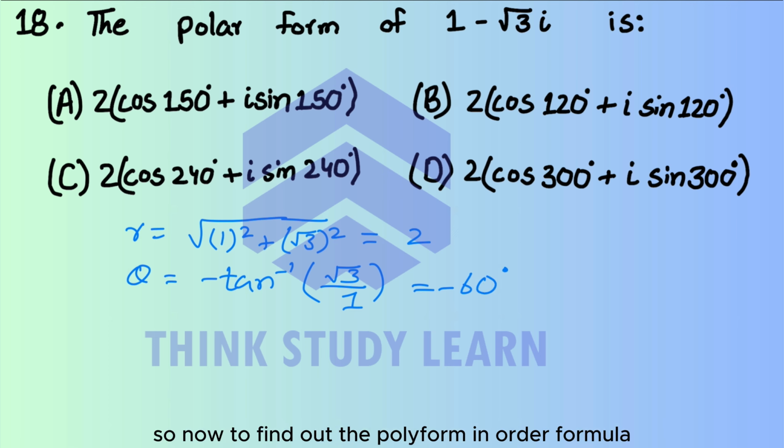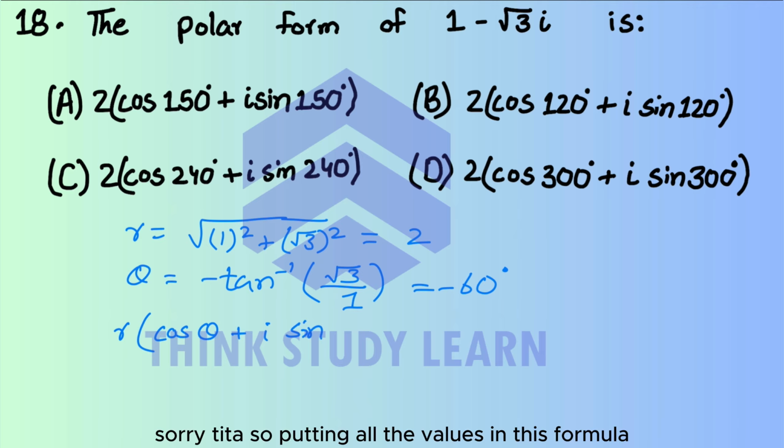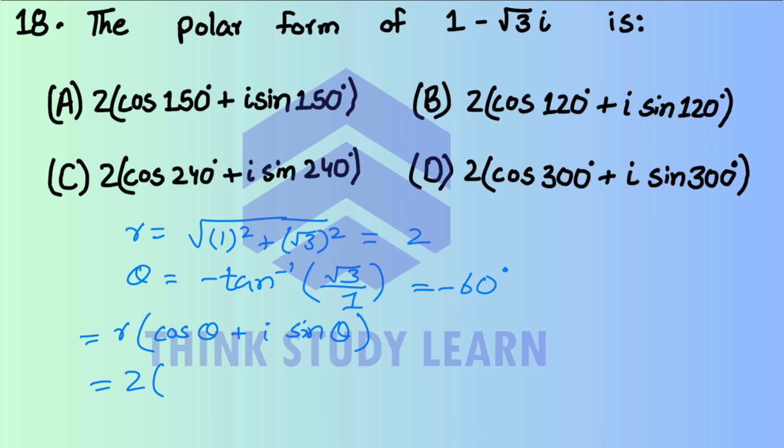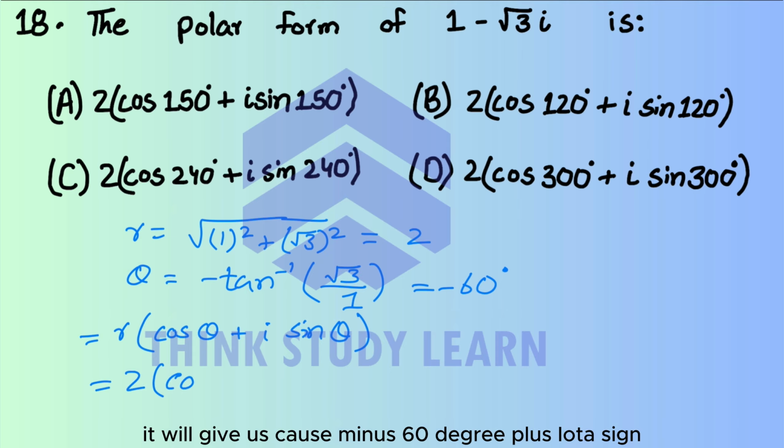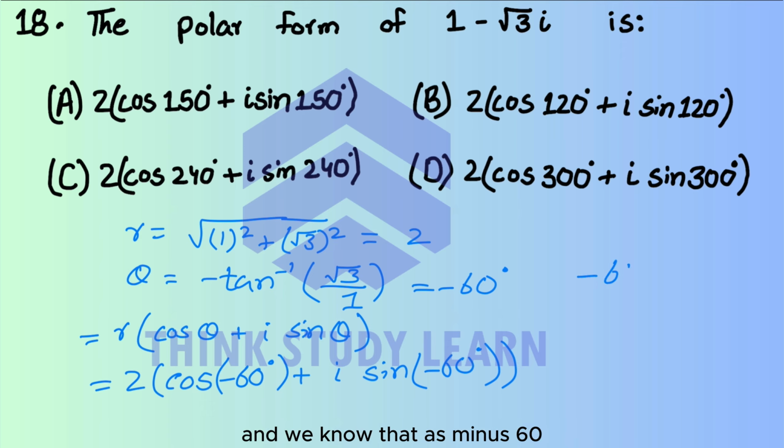So now to find out the polar form, we know the formula, which is cos theta plus iota sine theta. So putting out the values in this formula, it will give us cos minus 60 degree plus iota sine minus 60 degree. So this is the first relation, and we know that as minus 60 and 300 are coterminal angles.